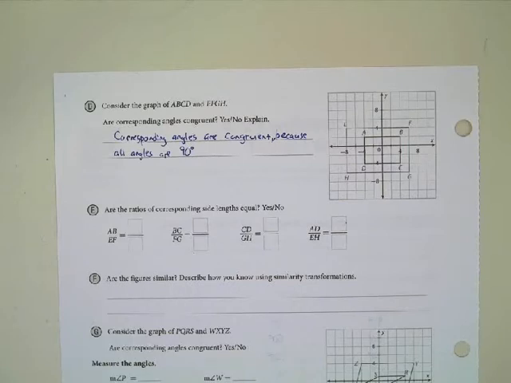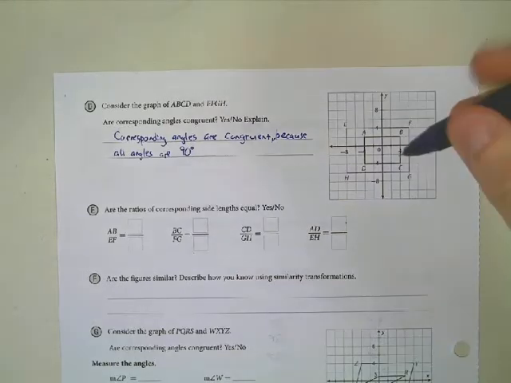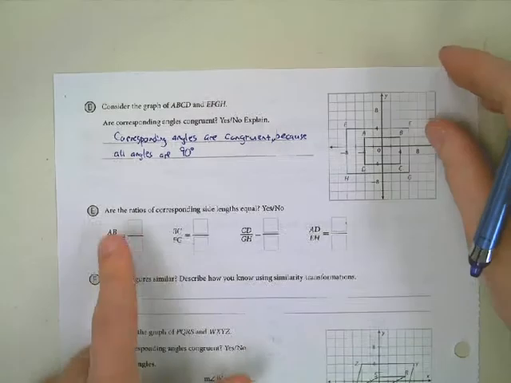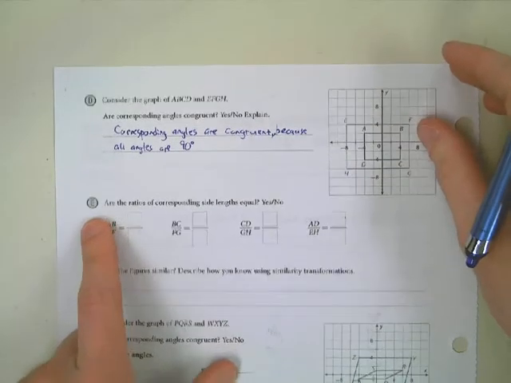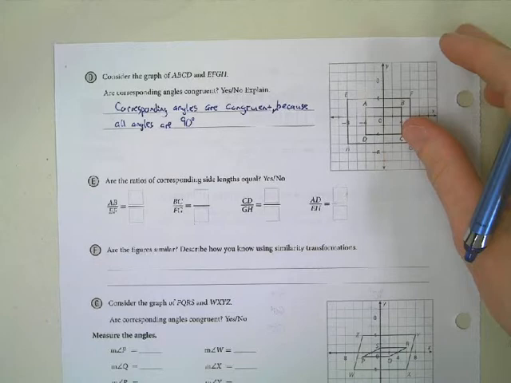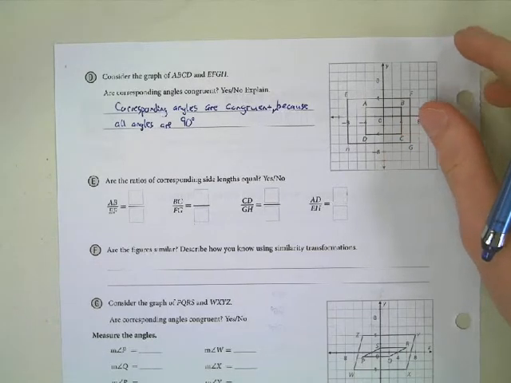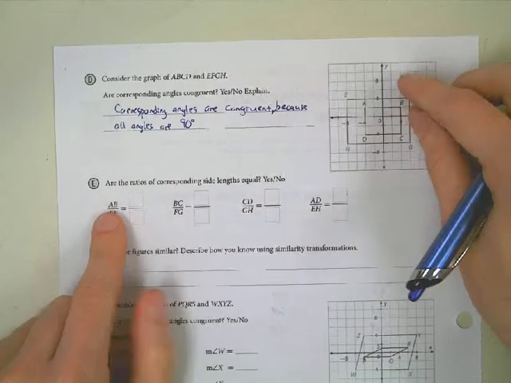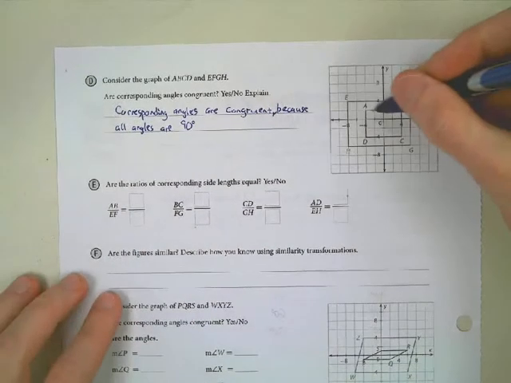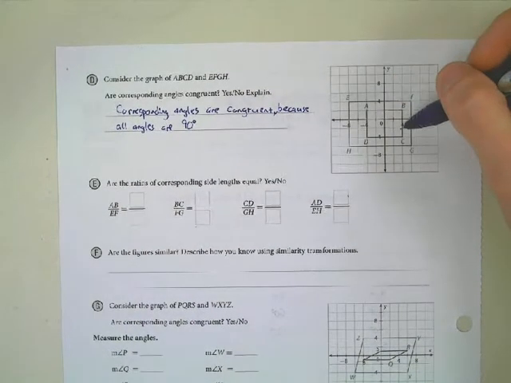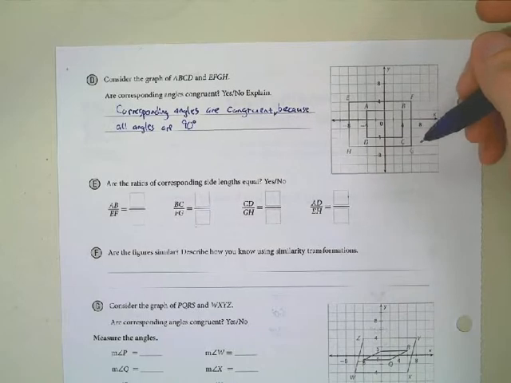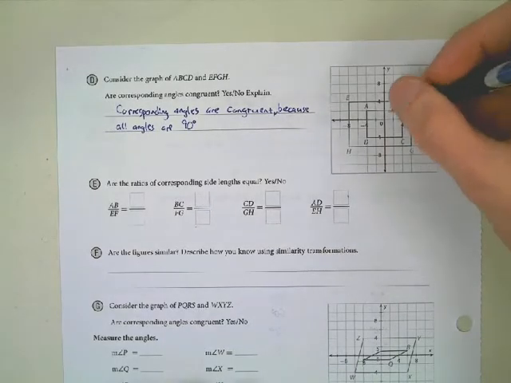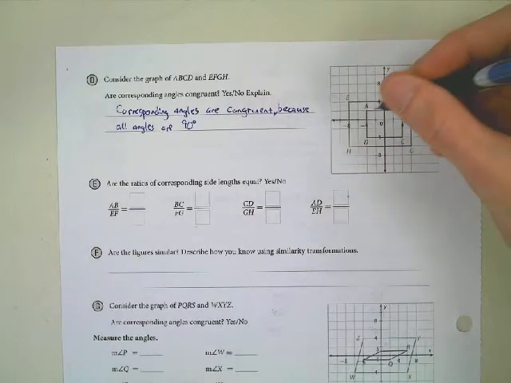So, letter E. Are the ratios of corresponding side lengths equal? Yes or no? Let's take a look here. So AB, how long is AB? Check your scale. How long is each box here? Each box is 2, so AB is a unit length of 8. EF has a length of 14.